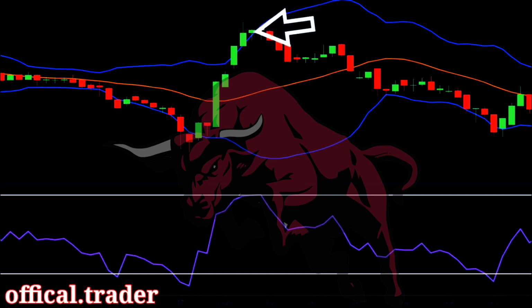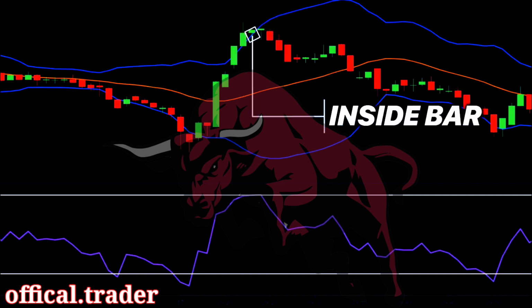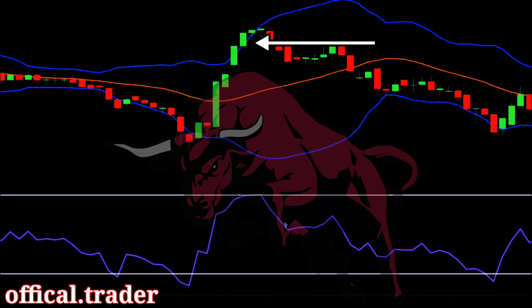As you can see, the next candle is a small green candle that is completely inside the range of the previous candle. So, this is an inside bar candlestick pattern. So, we place a sell order below the low of this candle. Our orders get executed on this candle. We keep our stop loss above the upper band. We exit on this candle as the price reaches the central Bollinger Band.